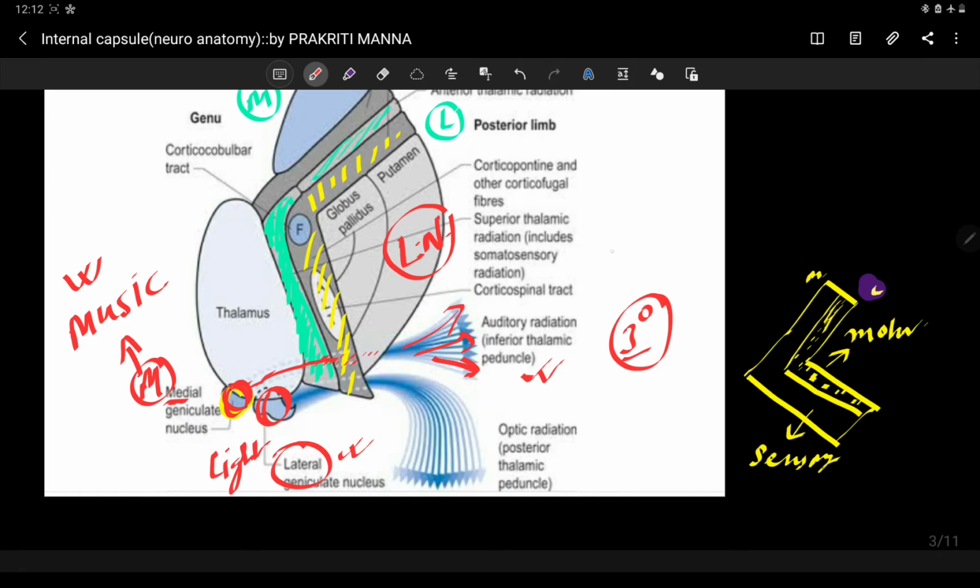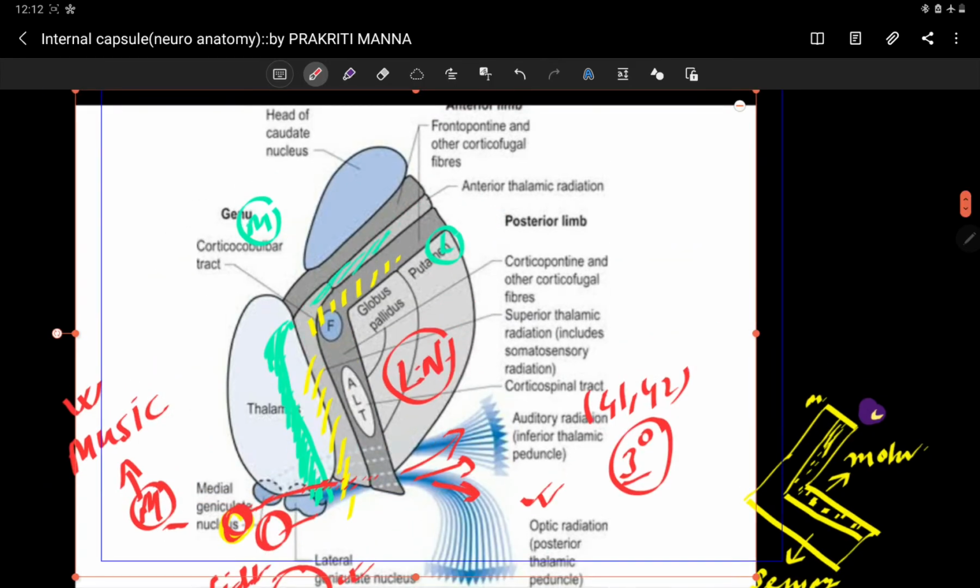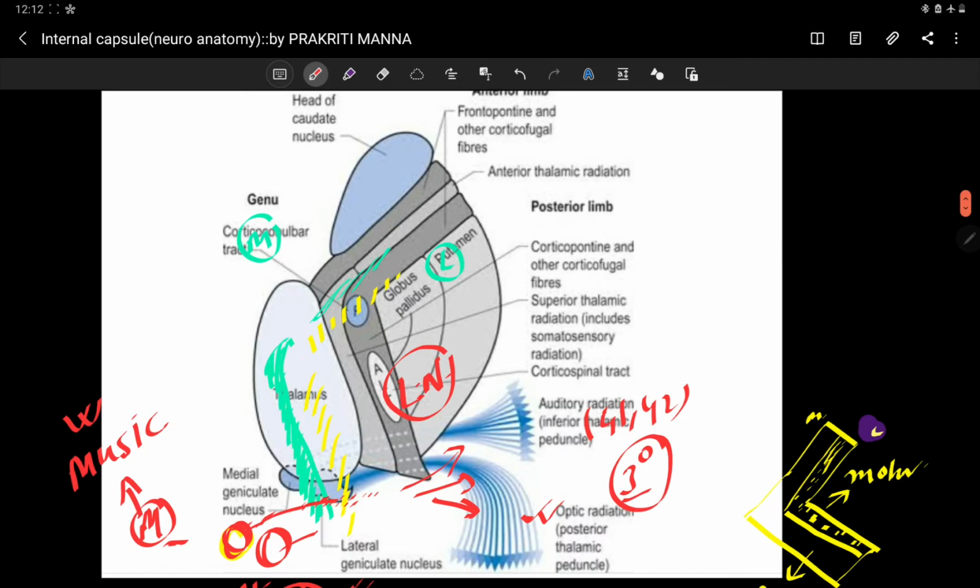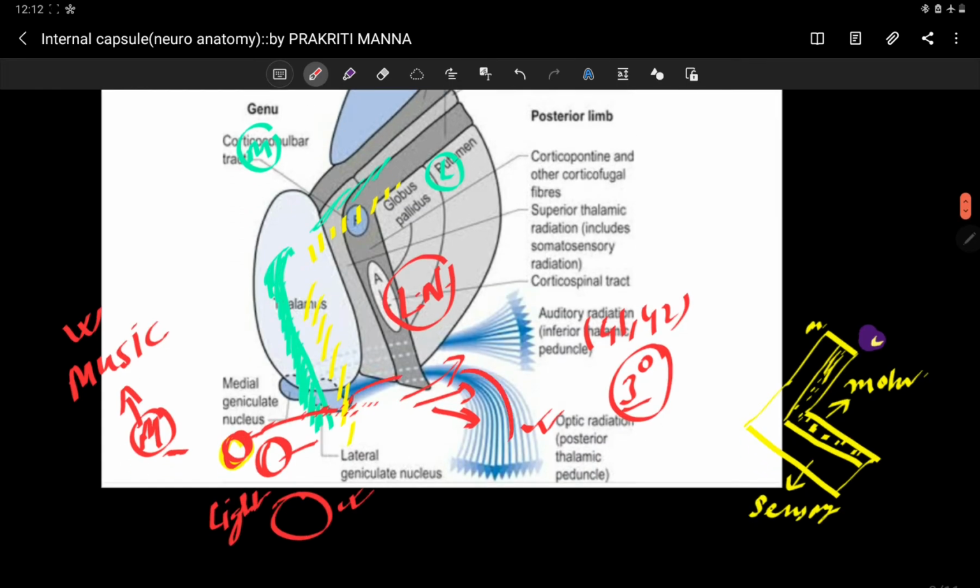This is generally Brodmann area number 41, 42. This is your auditory cortex, Brodmann area number 41 and 42. Also you can see the fibers coming from the lateral geniculate body. They are also passing behind the lentiform nucleus. That's why these fibers are called retrolentiform fibers.